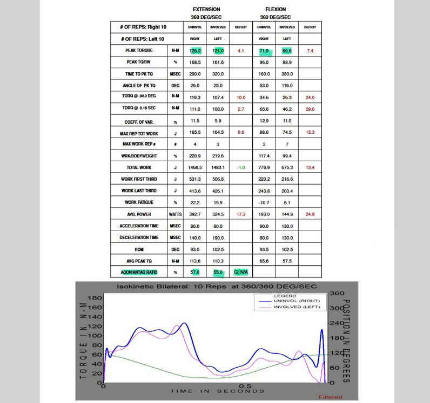And that is just another way of confirming what we've seen here. So with the average peak torque and the peak torque with a higher rep range, it might be worth checking the average HQ ratio as well as the peak torque HQ ratio.